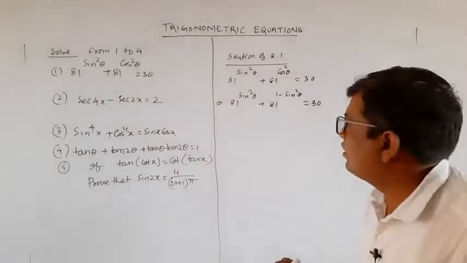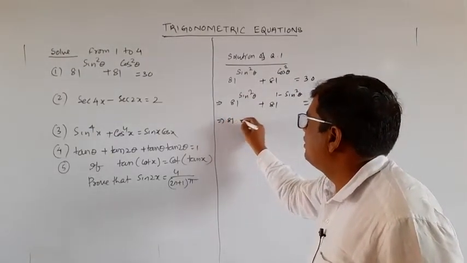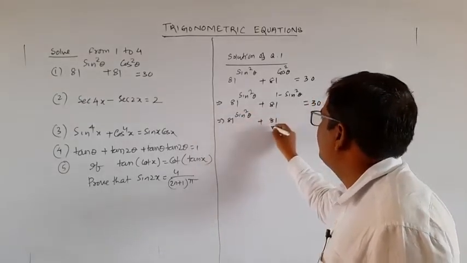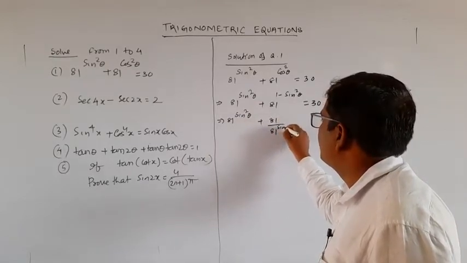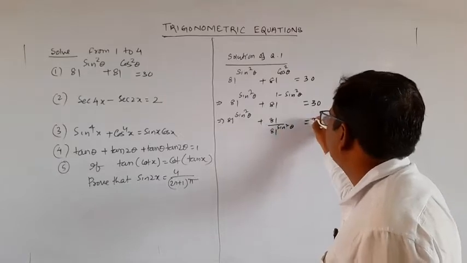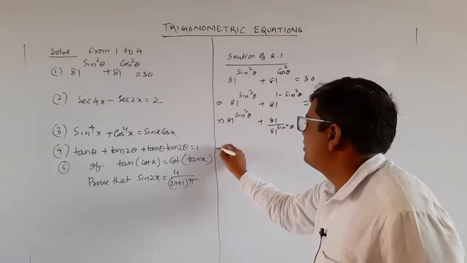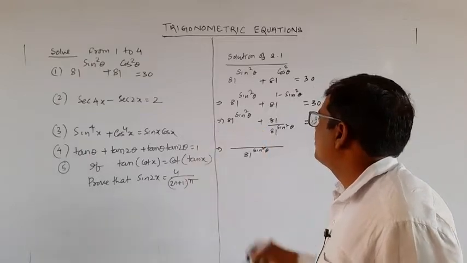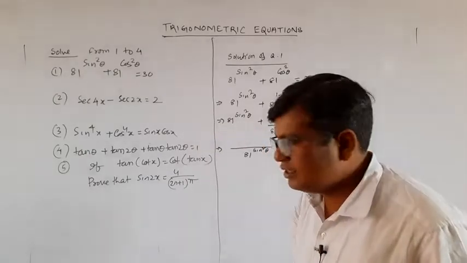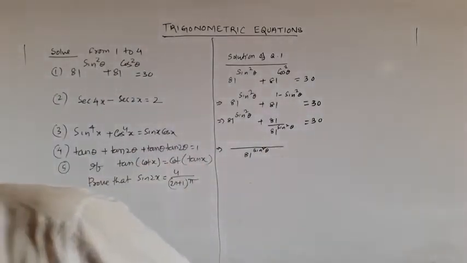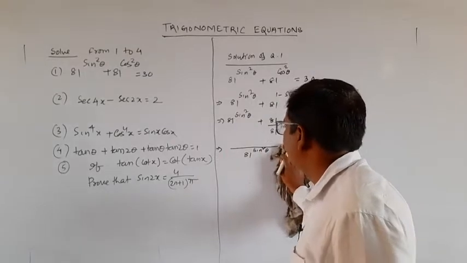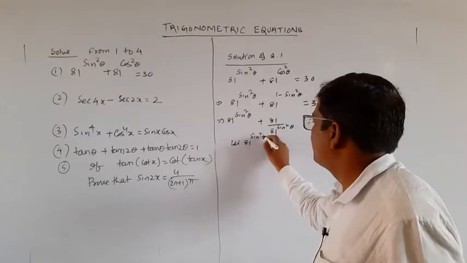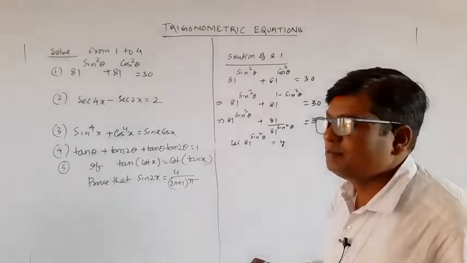Clear? Now we can write here 81 to the power sin square theta plus 81 by 81 to the power sin square theta is equal to 30. Let 81 to the power sin square theta be y for simplification.